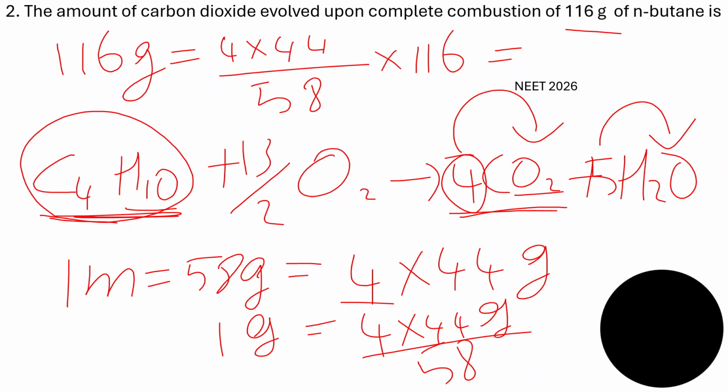If we solve, we get the answer 352 grams. This is so simple. Just find how many grams of carbon dioxide 1 gram of n-butane gives, then multiply by 116 gram.